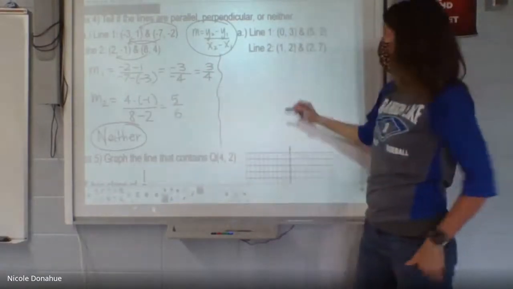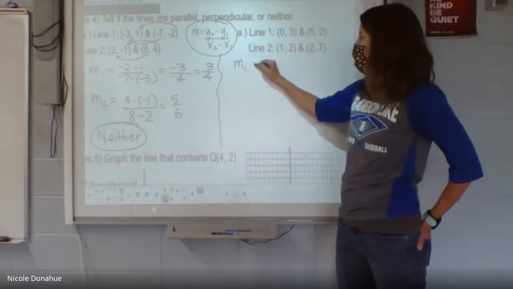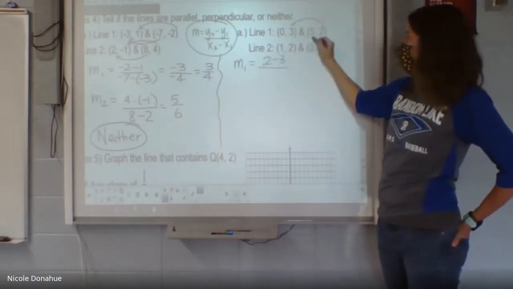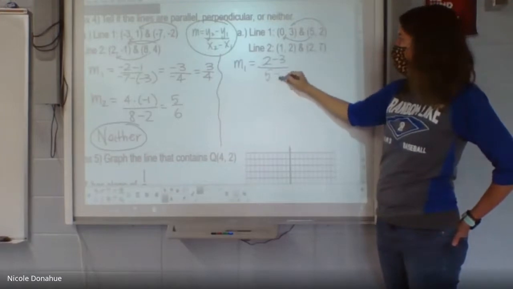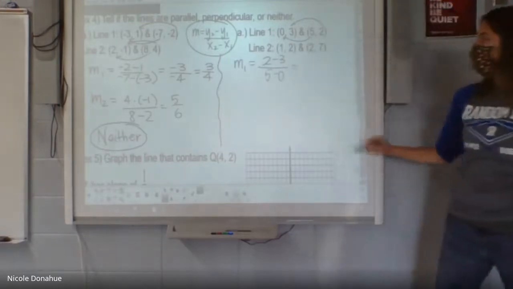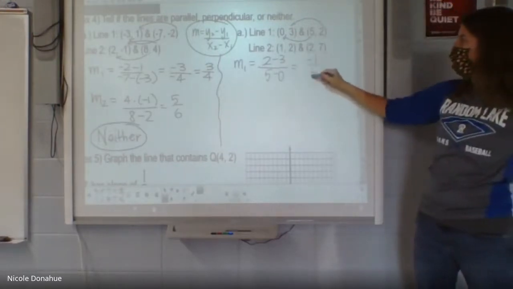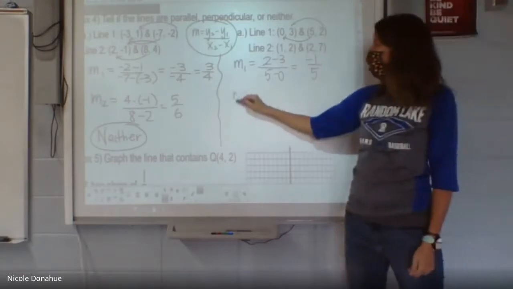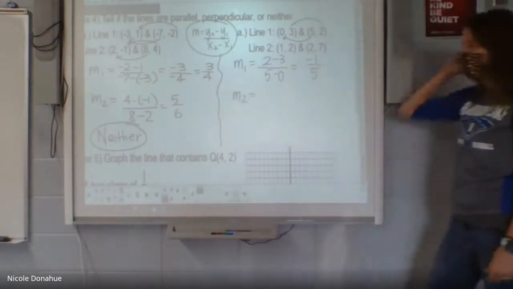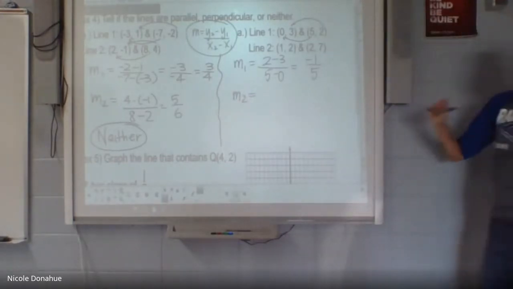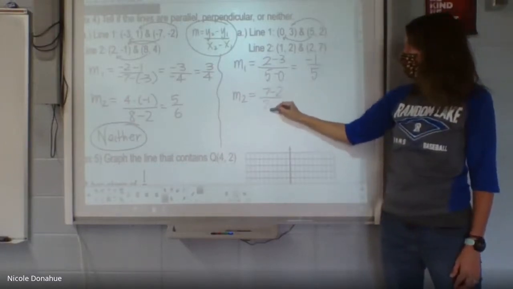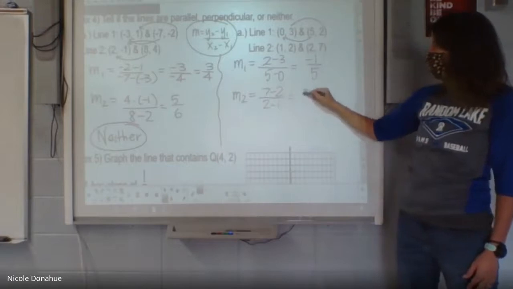All right, so let's find the slope of this next one. So I get 2 minus 3 over 5 minus 0. Negative 1 over 5. Seven minus 2 over 2 minus 1.